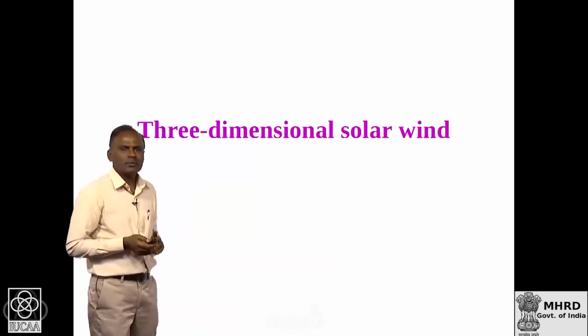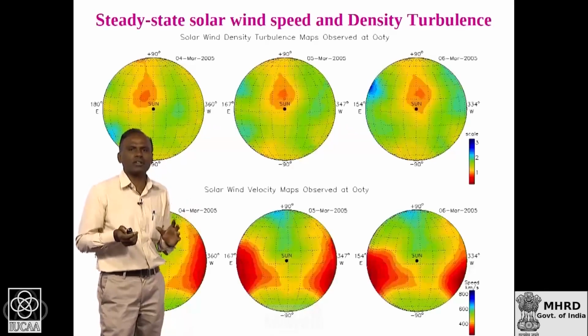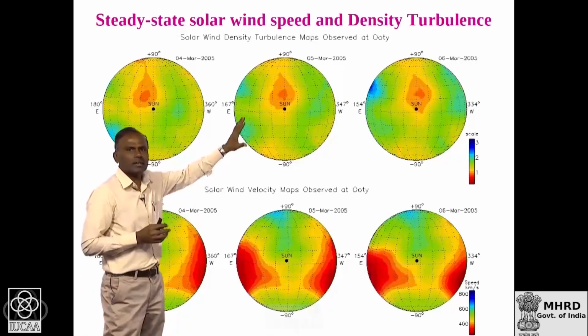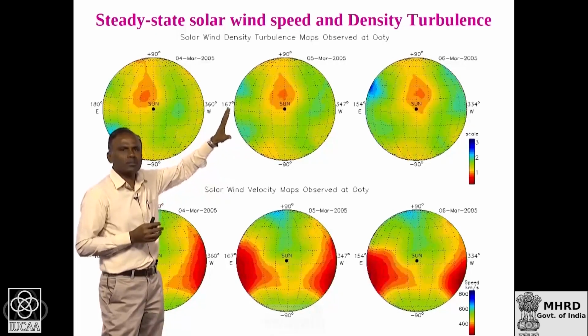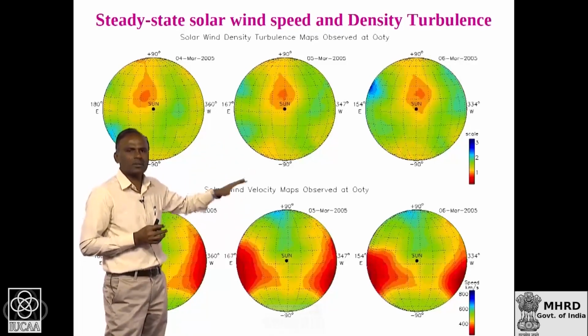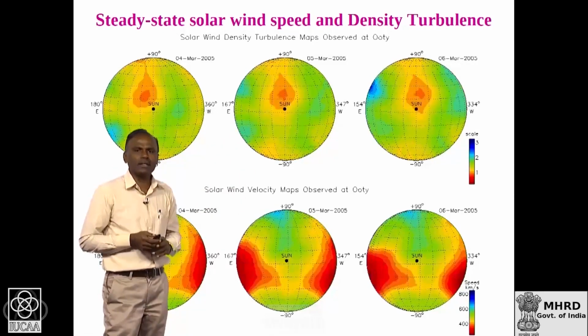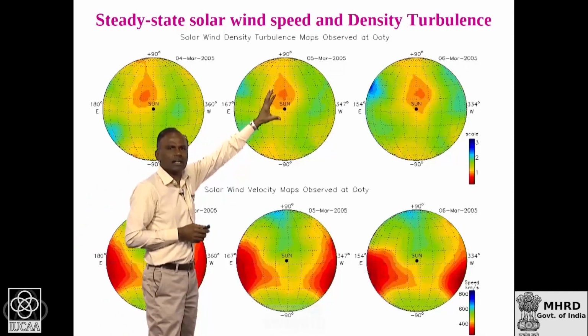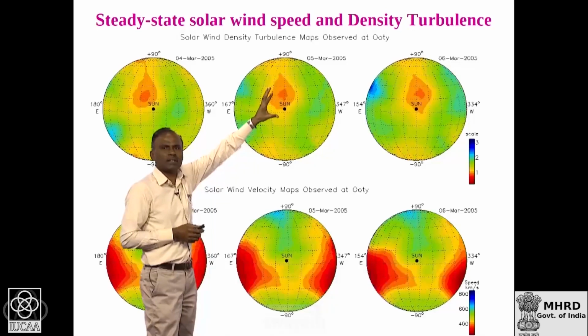Okay. So, three-dimensional view, how the solar wind is seen in 3 dimensions. The top plots are for the density turbulence, and the bottom plots are for solar wind speed. In the top plot, in the middle we see a low density turbulence region, and that is associated with the small coronal hole.